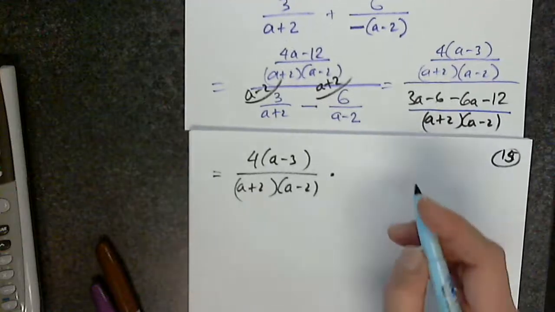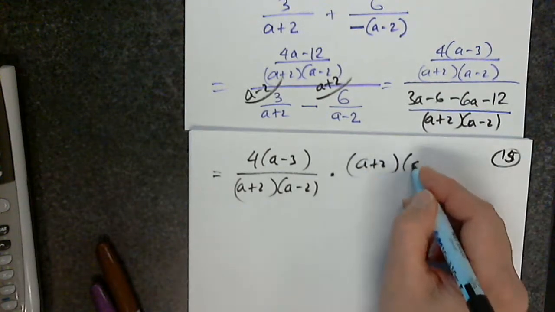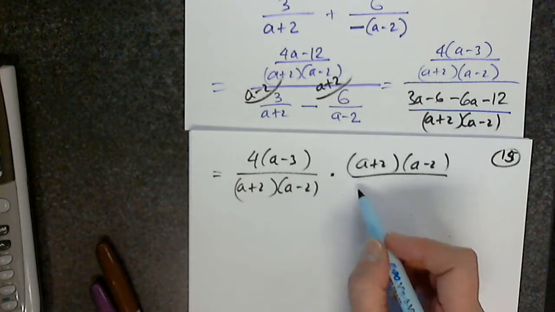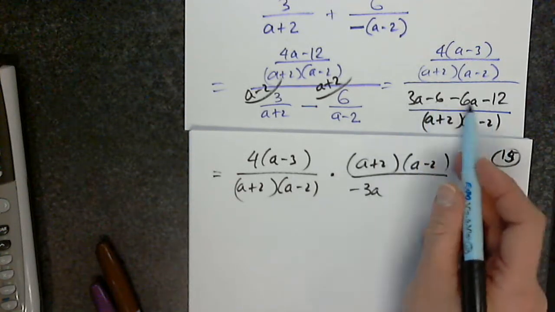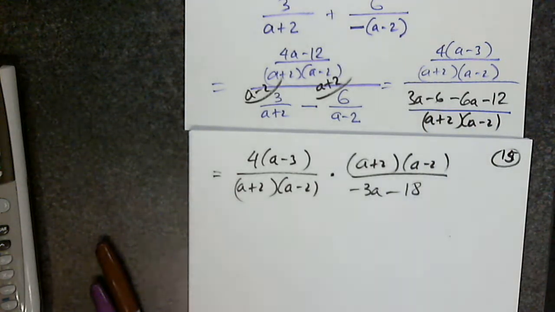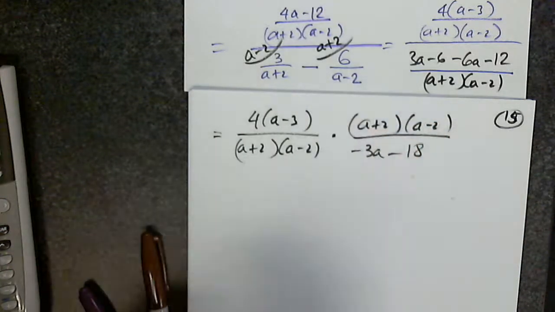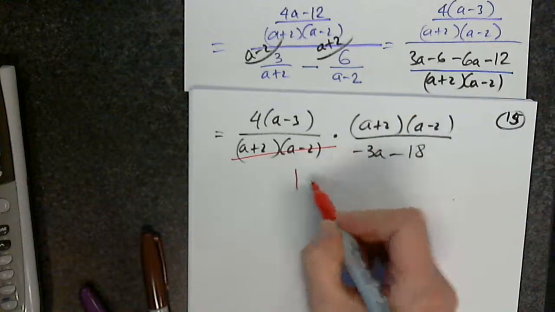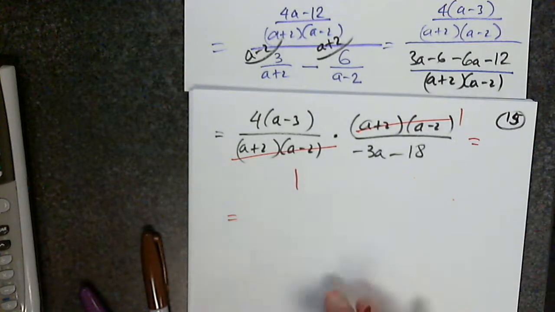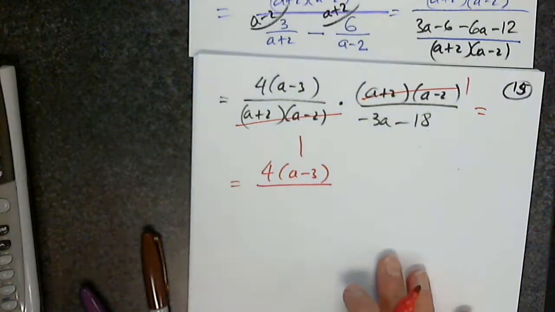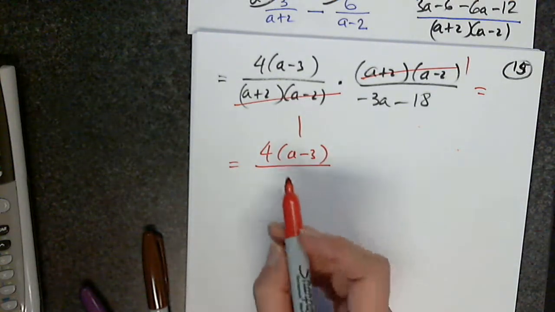And I will multiply it by a plus 2, a minus 2 over 3a minus 6a, negative 3a, and minus 18. I can get rid of something that I already stated restrictions for, and those two go away. And they're these. However, 4, a minus 3, and I will pull out what from the denominator?